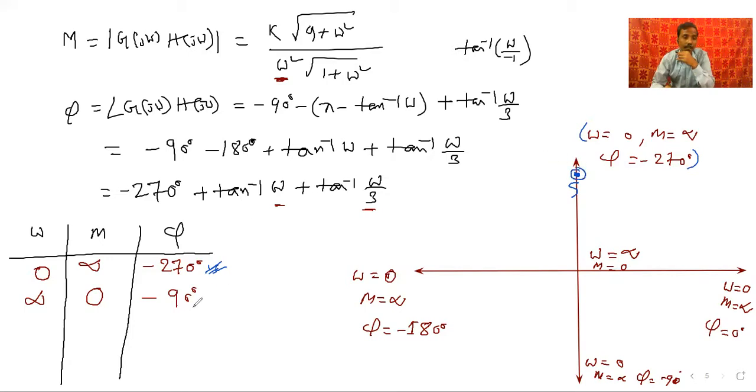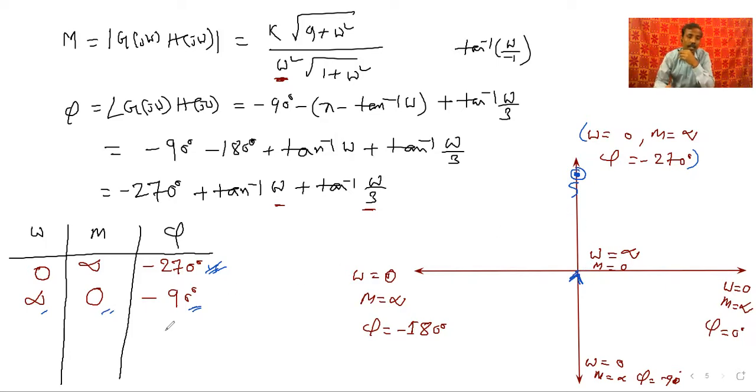And what is the terminating point? Omega infinity, that means the origin, M 0, again origin, and phi minus 90 degree. So this is the minus 90 degree direction.